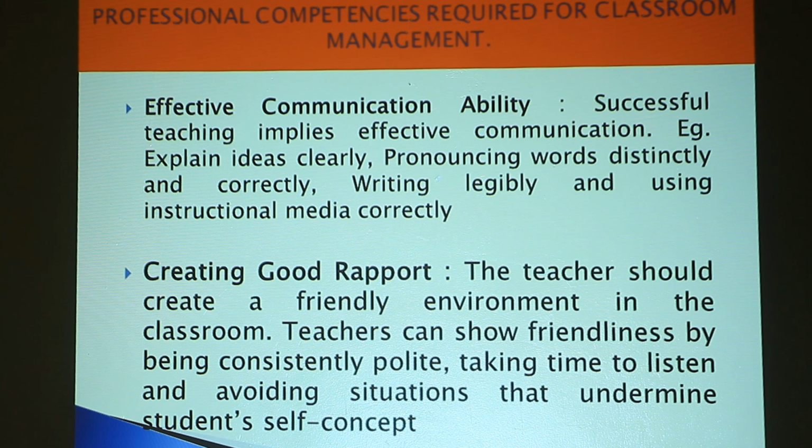More to that, we can say the effective communication ability. We're looking at how we achieve effective or good classroom management, and we're saying a teacher must have some competencies for him or her to be able to manage a class. One of them was we must know the characteristics of our learners.